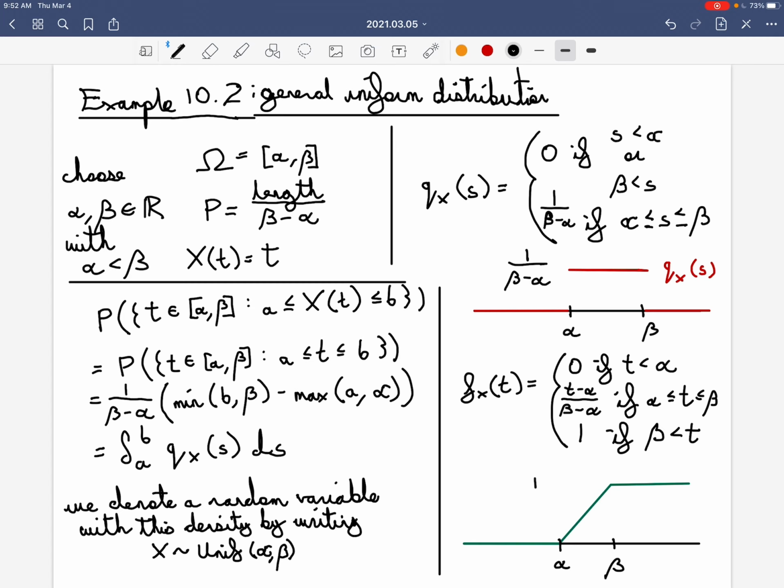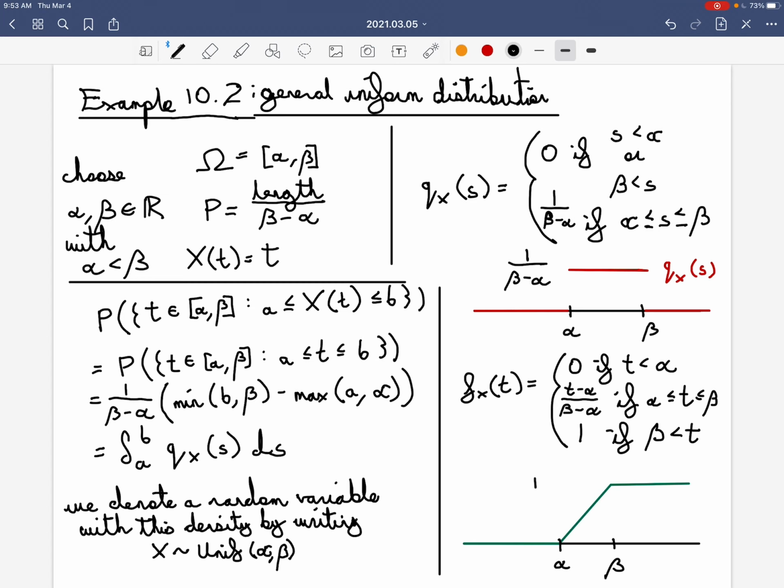So if I plug in something bigger than beta for b and something less than alpha for a, the minimum picks beta instead of b, the maximum picks alpha instead of a, and I get 1 over beta minus alpha times beta minus alpha, which gives me 1.